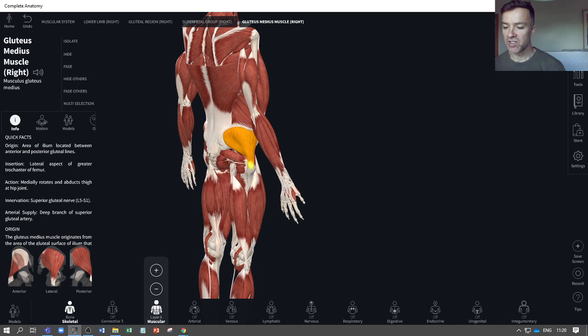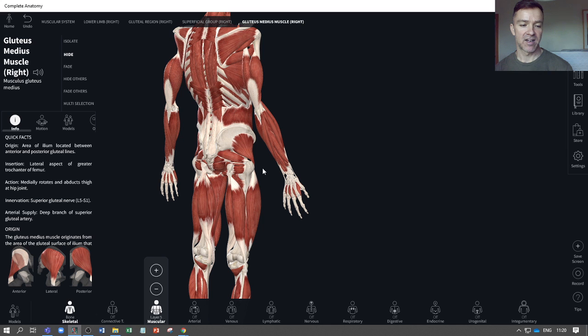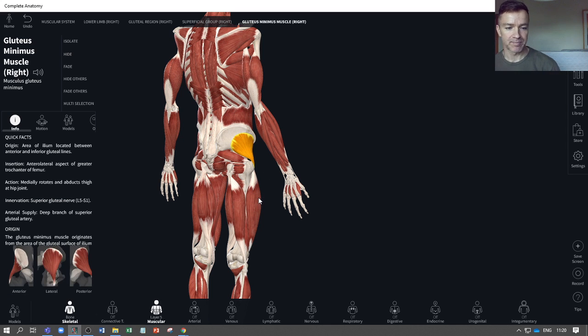The next muscle we want to talk about here as part of the traditional gluteal group is the gluteus minimus. The gluteus minimus is not visible here because it lies deep to the gluteus medius. So if we take it back here, we have another gluteal muscle there, the gluteus minimus muscle.